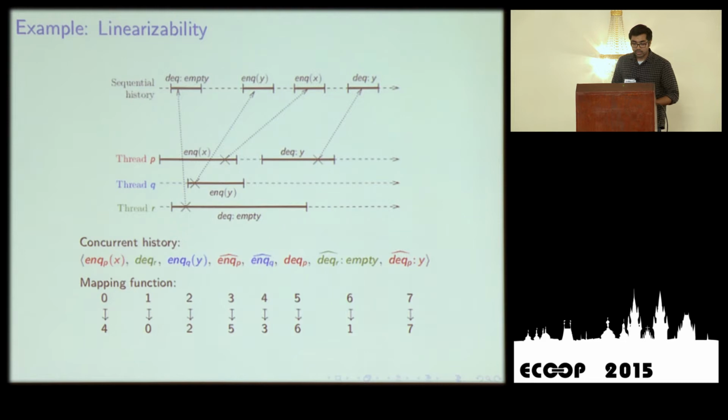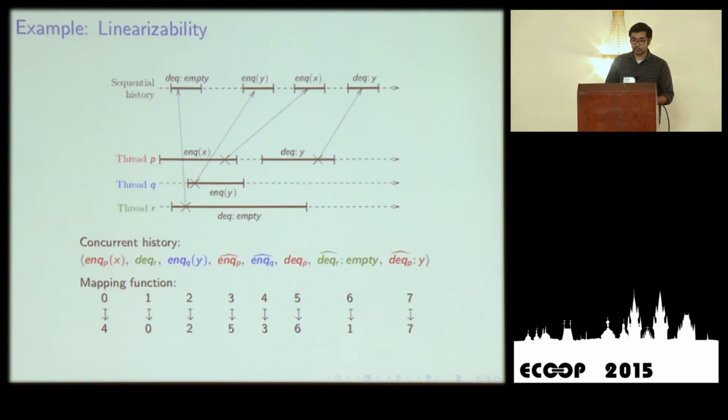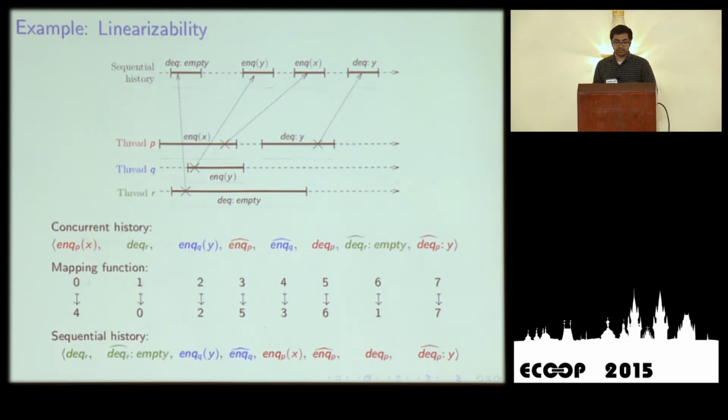Right, the mapping function is basically going to be from indices to indices. We're basically trying to capture this picture in some way, and the mapping function is mapping the index 0 to index 4, index 1 to index 0, and so forth. And if we apply that mapping function, we'll end up with a sequential history that looks like that.